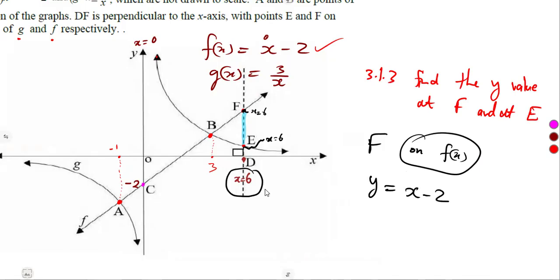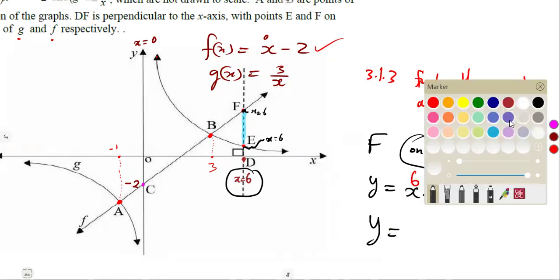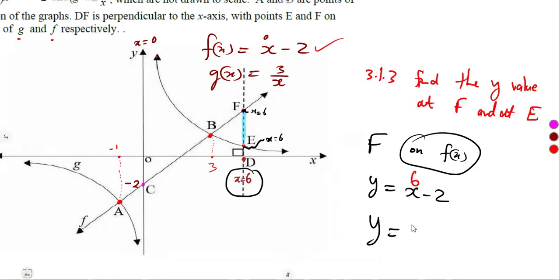We need the Y value, knowing that our X is 6. So y is equal to, in place of x, you substitute 6. So that's 6 minus 2, which is 4. So this is the Y value at F. That is the Y value that we are seeing.